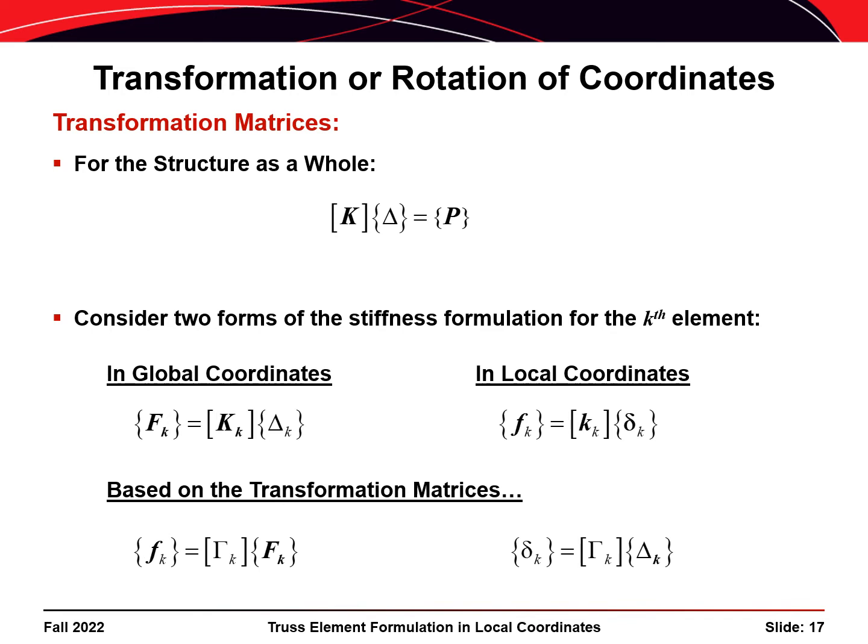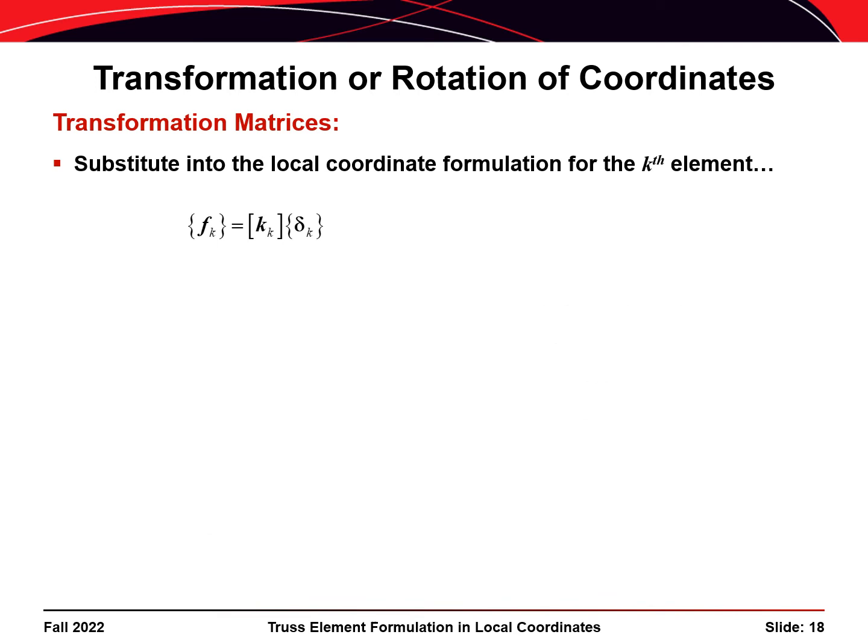Finally, based on the rotation or transformation matrices that we've just derived, we can write that the member end actions in local coordinates are equal to the rotation matrix capital gamma times the member end actions in global coordinates, or that the member end displacements in local coordinates, lowercase delta, is equal to the transformation matrix capital gamma times the member end displacements in global coordinates, capital delta.